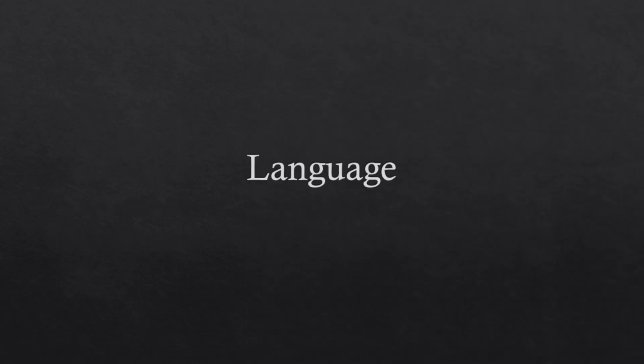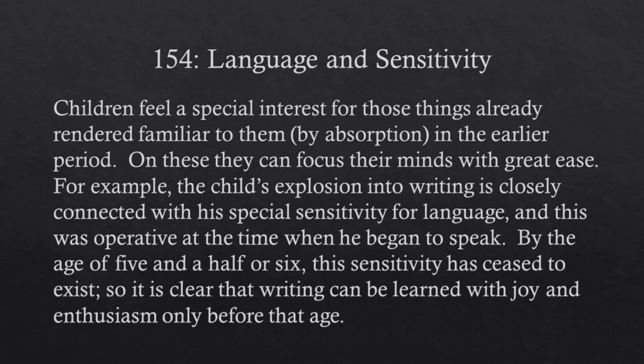With that being said, let's start exploring how Montessori approached language in Chapter 17 of The Absorbent Mind. On page 154, we're going to start talking about language and sensitivity. Montessori says children feel a special interest for those things already rendered familiar to them by absorption in the earlier period. On these, they can focus their minds with great ease.